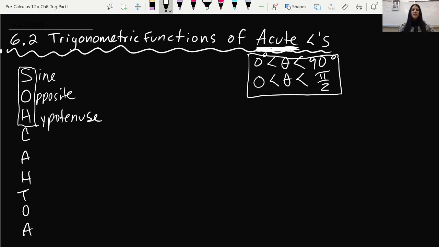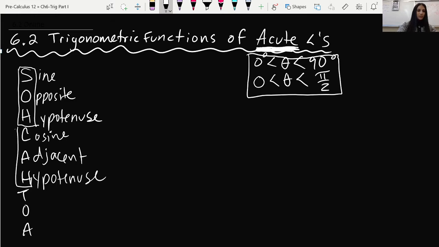So remember that this is when we're dealing with a 90-degree angle or a right angle triangle. We can use Sohcahtoa to help us to figure out any missing angles or missing sides. And the next one would be for cosine, which we know is adjacent, the adjacent side, over the hypotenuse.